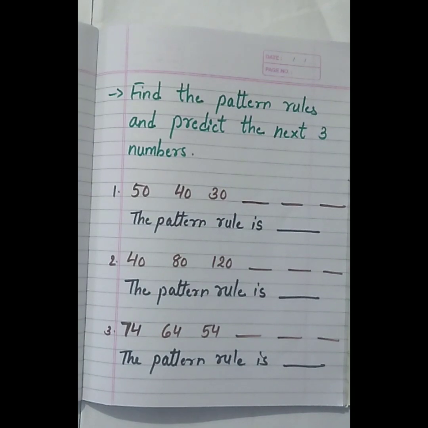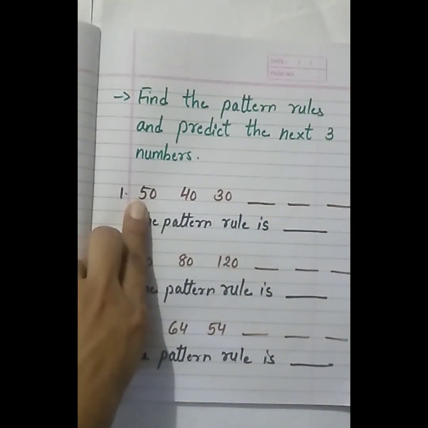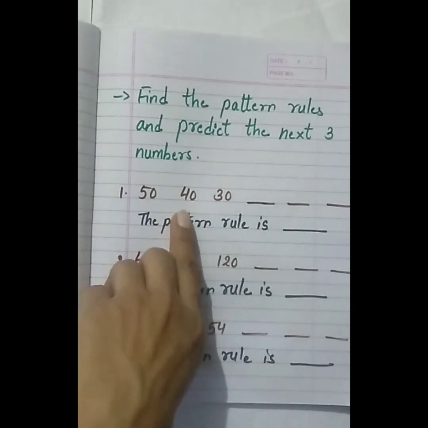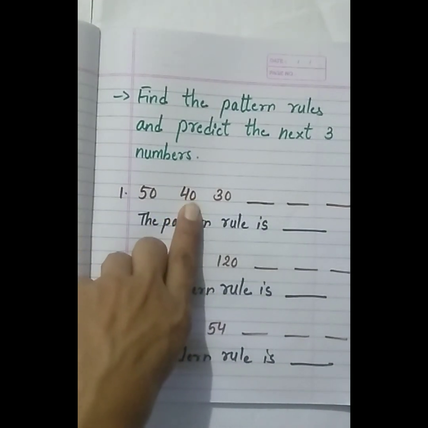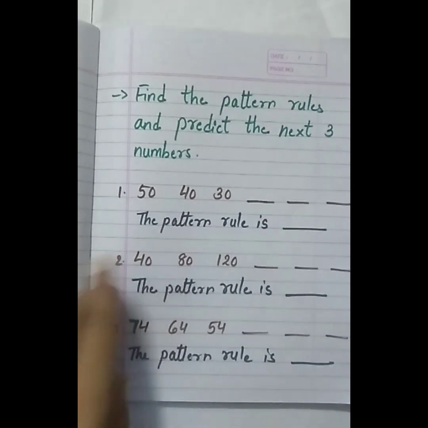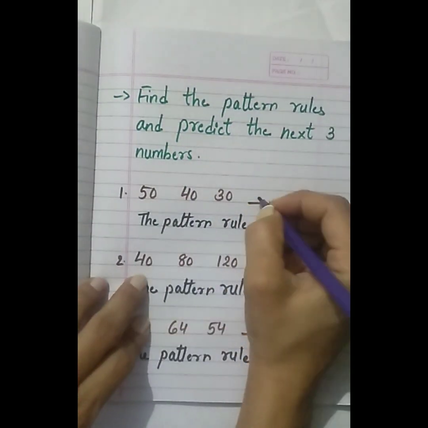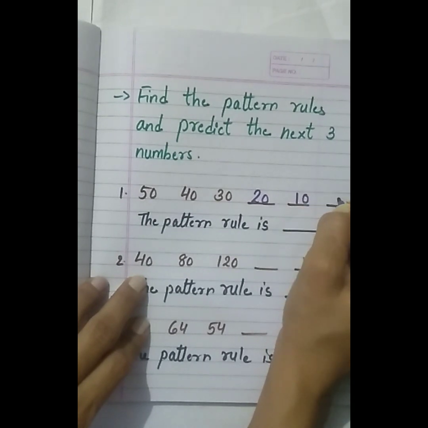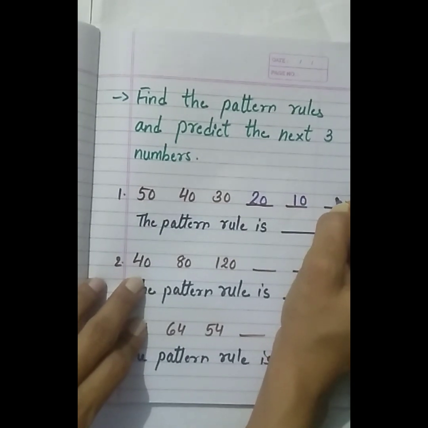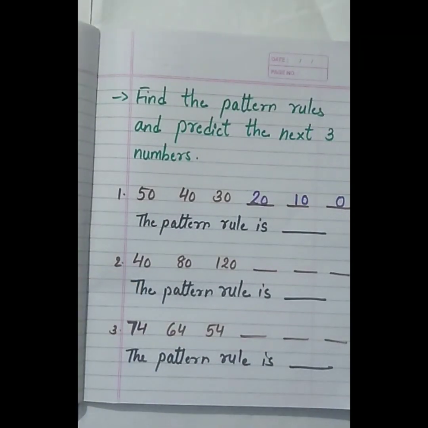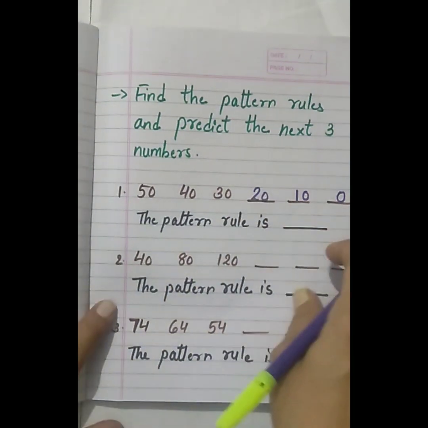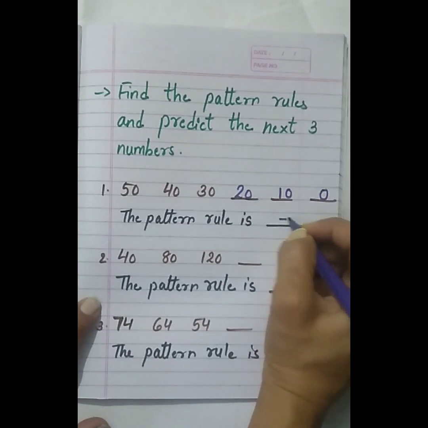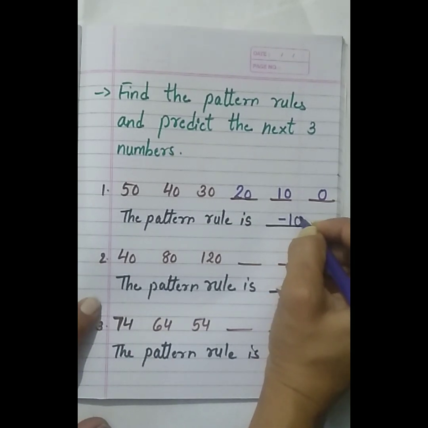You can see that after 50 we subtracted 10 and we got 40. From 40 we subtracted 10 and we got 30. So what will be next? 20. Then 10 and then 0. So every time we have subtracted 10 from the number. Yes, so the pattern rule is minus 10.